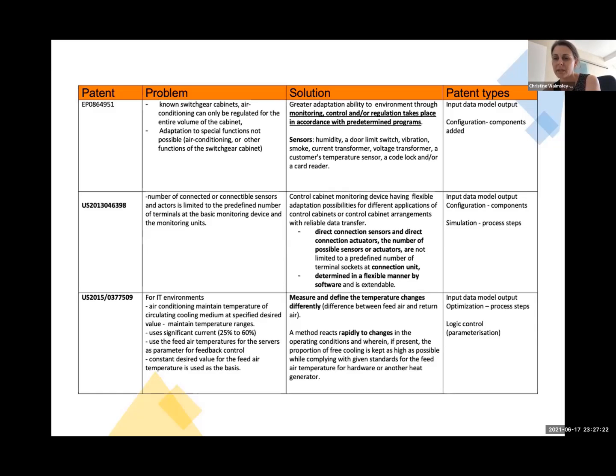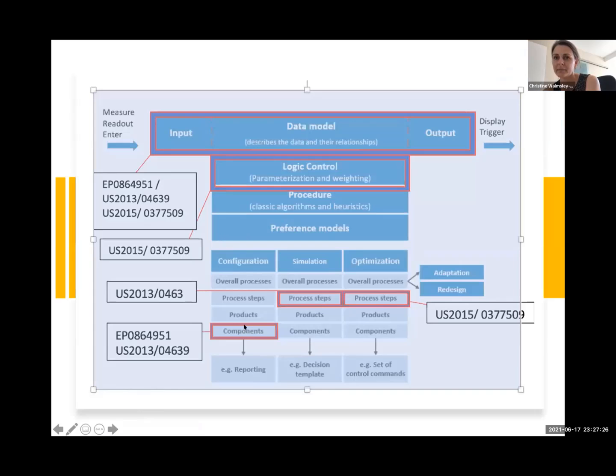Can we move on to the next slide, please? So in this sense, we believe that all three patents can really be located in input, data model, and output. They can all be located there. Then the next patent is also to do with logic control, and I think that was Erica's patent.